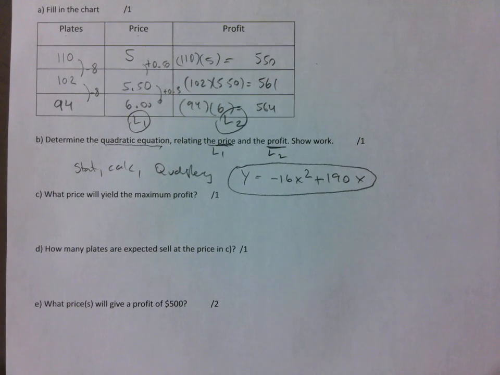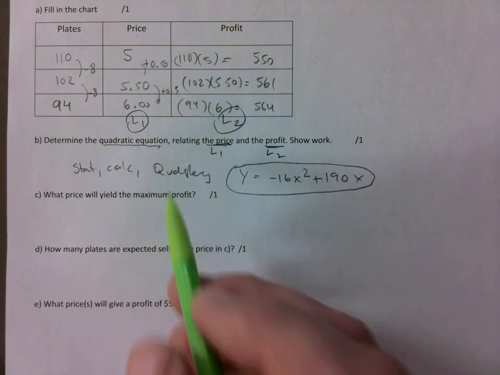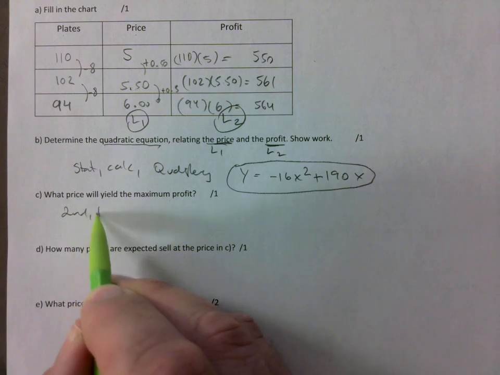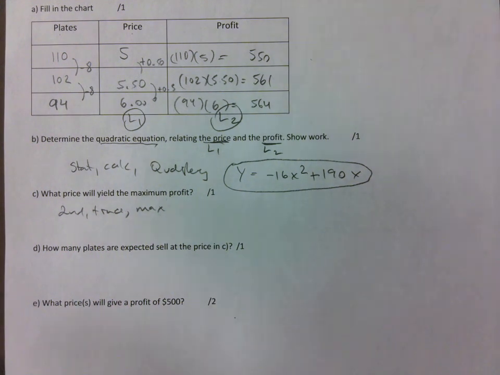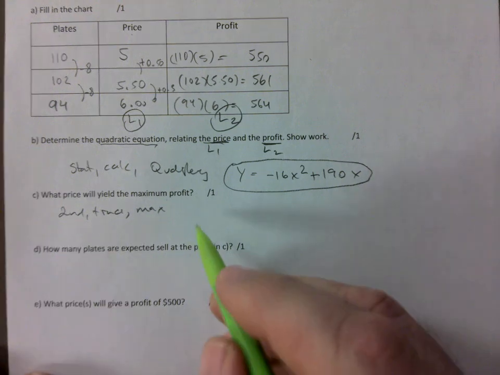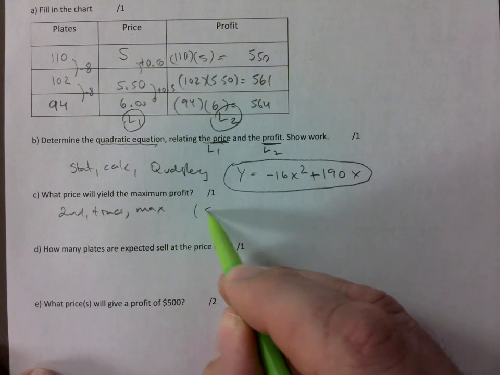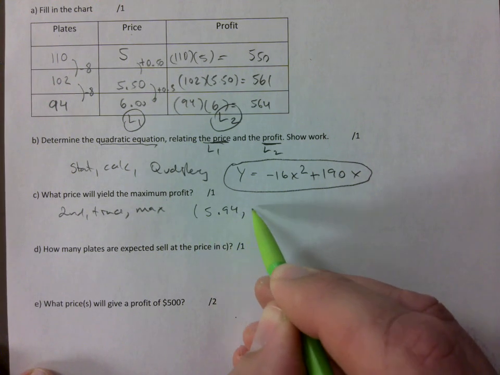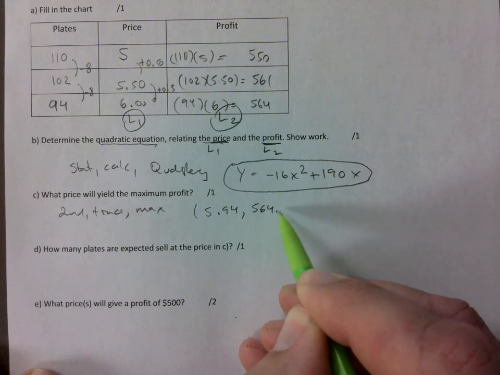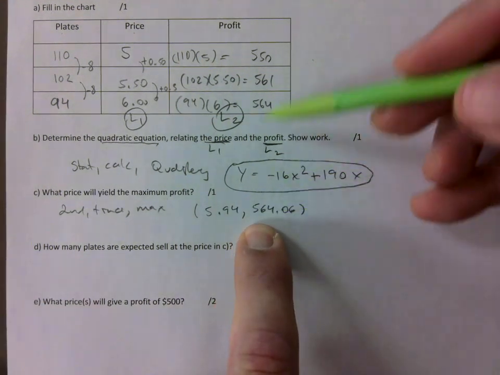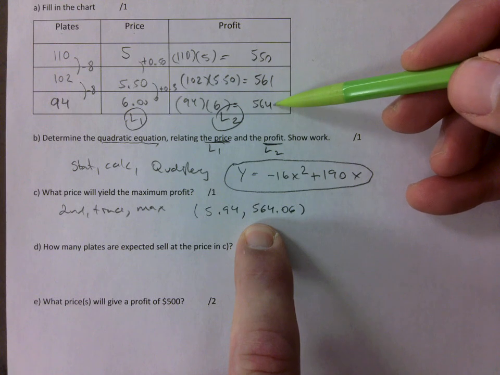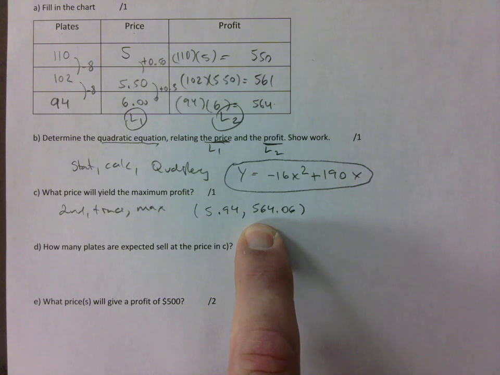The maximum profit, we go second, trace, max. Obviously, you're first going to have to find your window to see the parabola. But if you do this right, this is 5.94, 564.06, and I want to say something about this. Some of you may have guessed that it's 564. You just go with your cursor and you trace it.